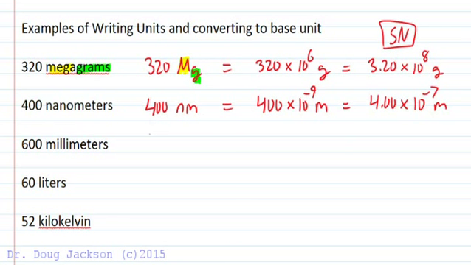600 millimeters. Lowercase m for the prefix, lowercase m for the unit. Okay, so don't let that confuse you. The difference between prefix and unit there. 600, replace with the meaning. Milli means 10 to the minus 3, or we could write it as 0.001, whichever way you like.